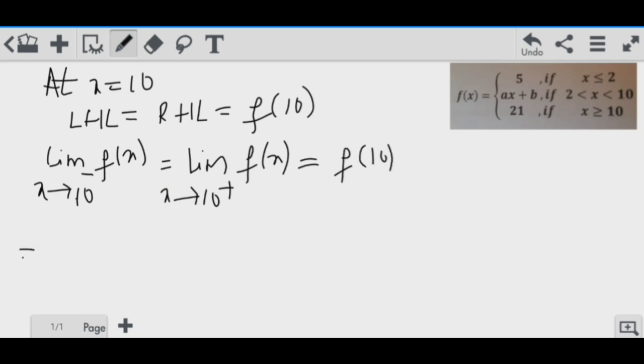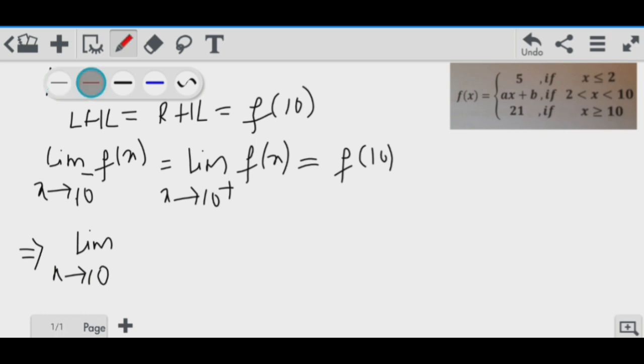So this could be limit as x tends to 10 minus. 10 minus is less than 10 branch. So less than 10 branch is the second branch. So there the value of function is ax plus b.